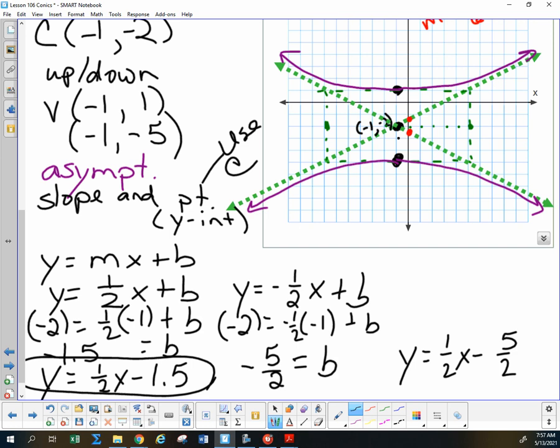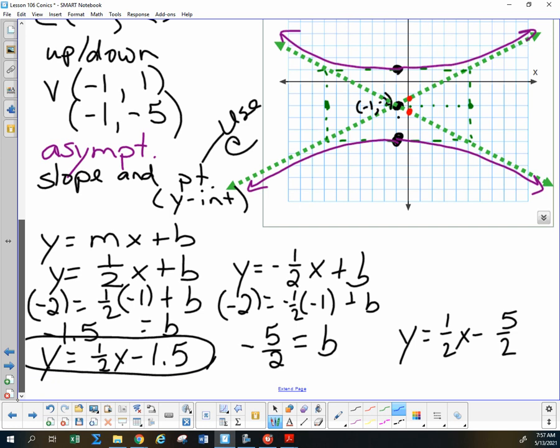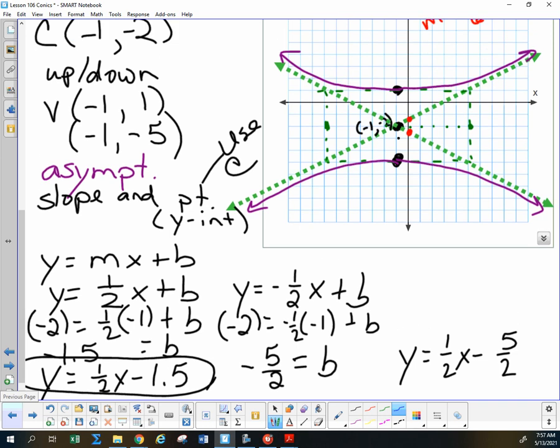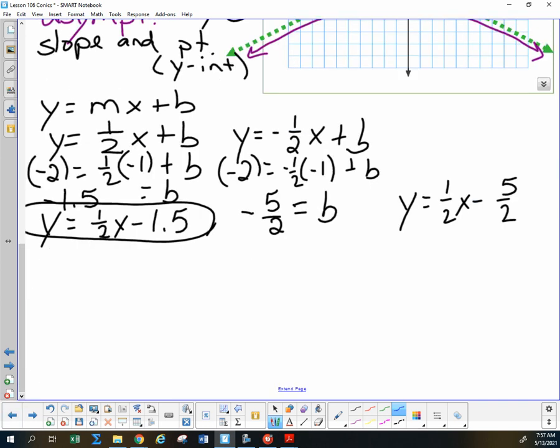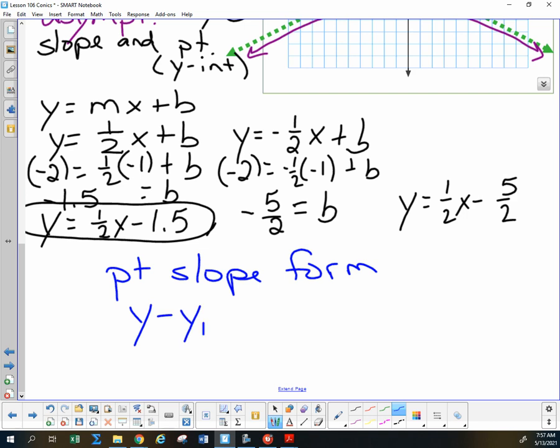Okay, the other thing that you may find easier, and we will wrap up with this for today, is the point slope form of the equation, which is y minus the y that you know equals the slope times x minus the x that you know.